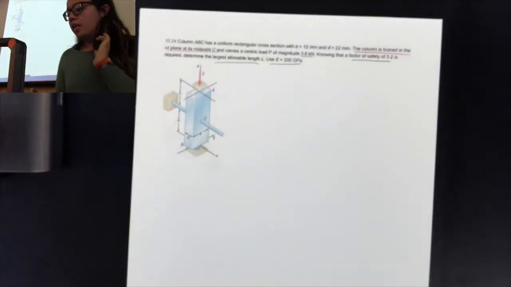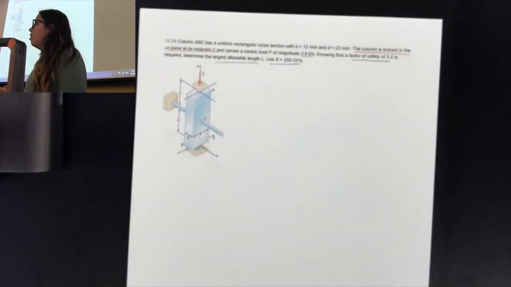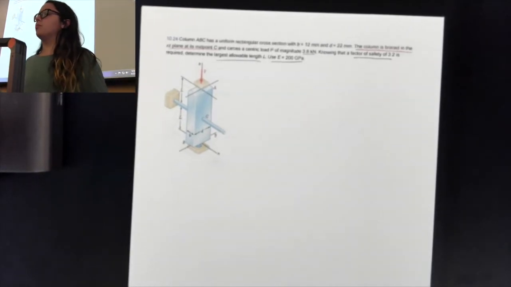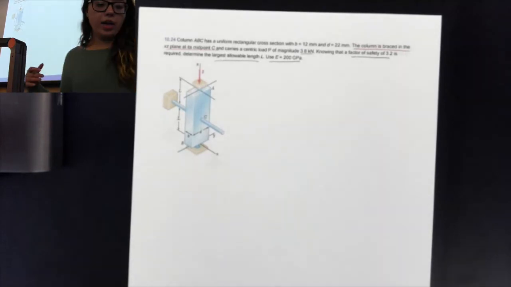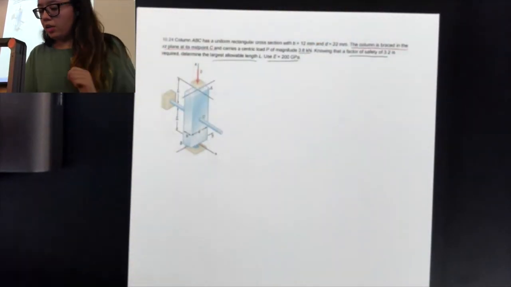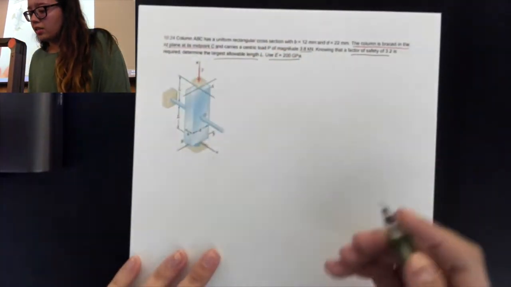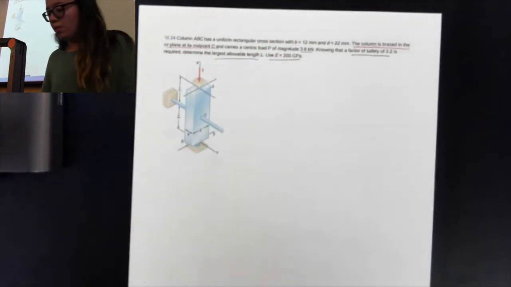All right? Okay, so the first thing that we want to do is look at the different planes that we have that are parallel with our column. Okay, so in the vertical direction is what I mean when I say that. And analyze, see what the buckling is in each plane. Okay, so we have two different planes here that we can look at. If you guys see that's labeled here, we have our X, Y, Z axis. Okay, so we have our XZ plane, right? And this is why I brought colored pencils.